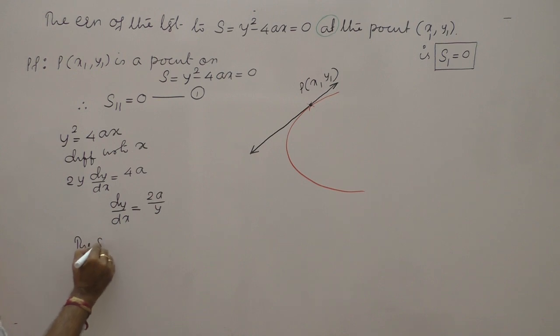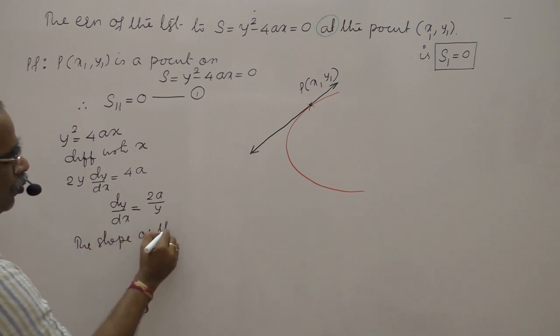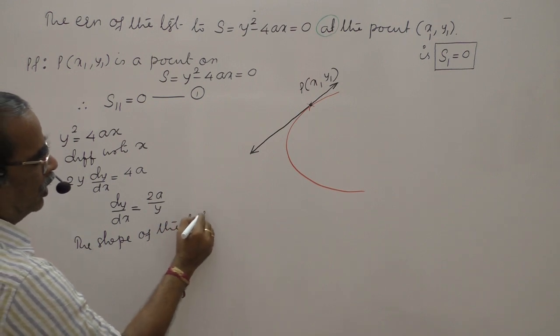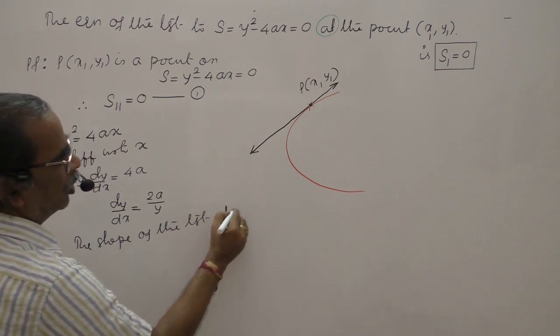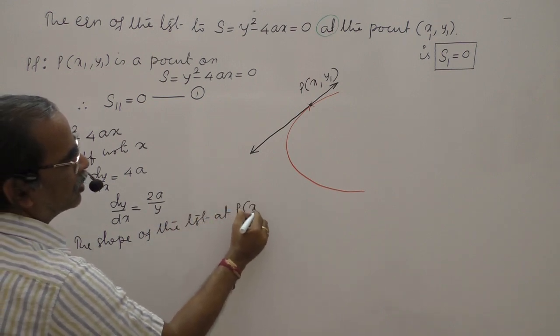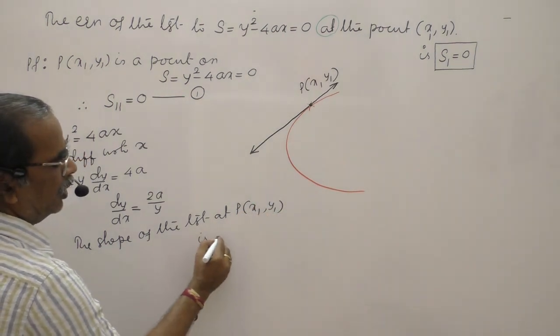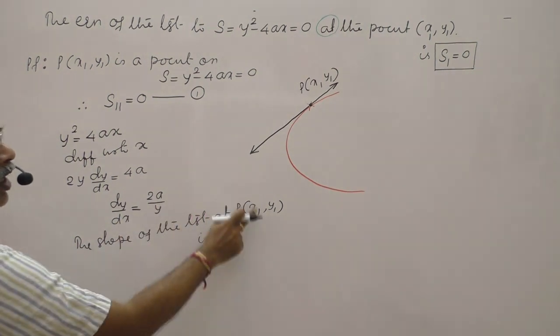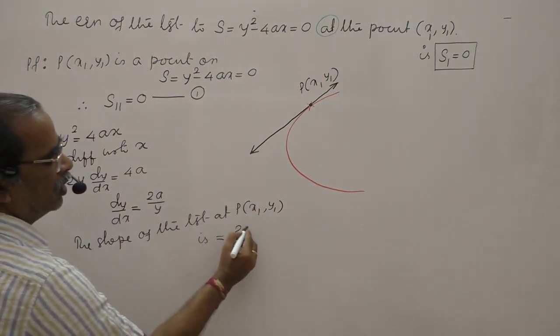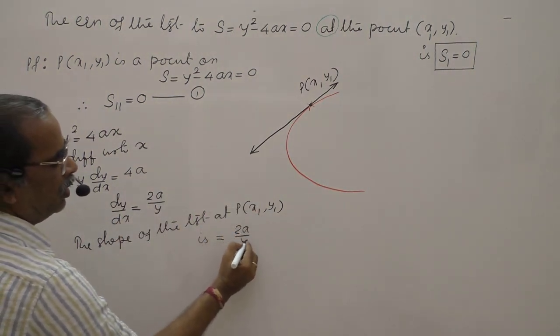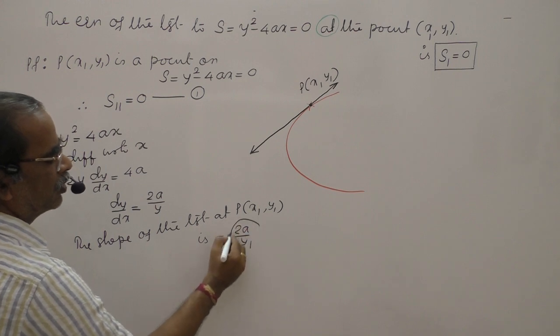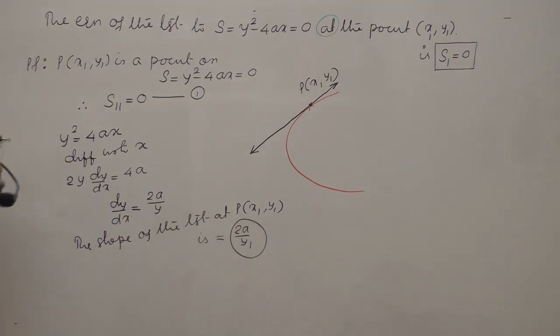So the slope of the tangent at the point P, x1 comma y1, is the dy by dx value at x1, y1. This will be 2a by y1. Yes, this is the slope of the tangent.